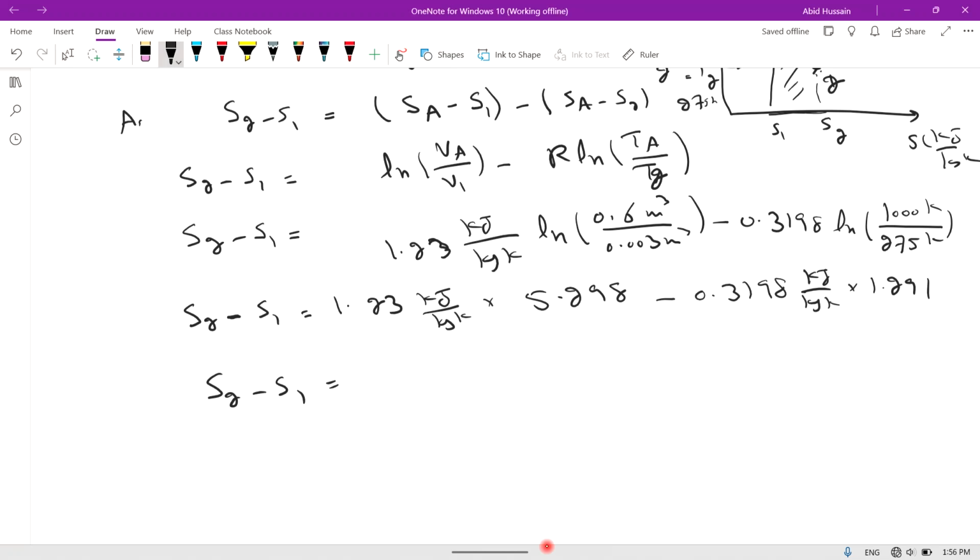This is R natural log of VA divided by V1, and this is CV.